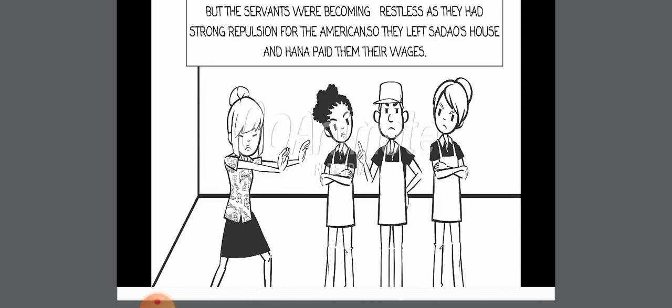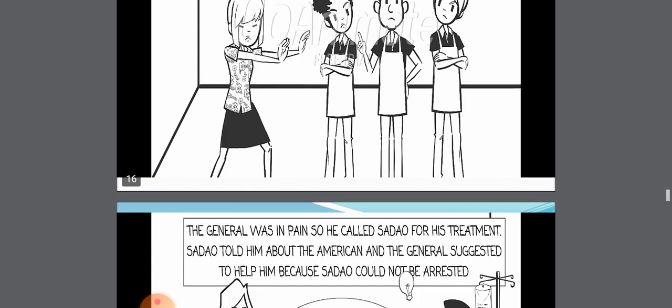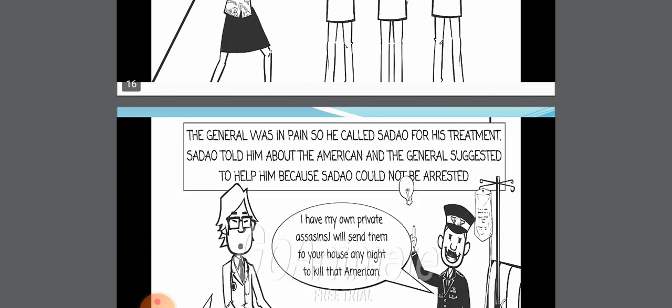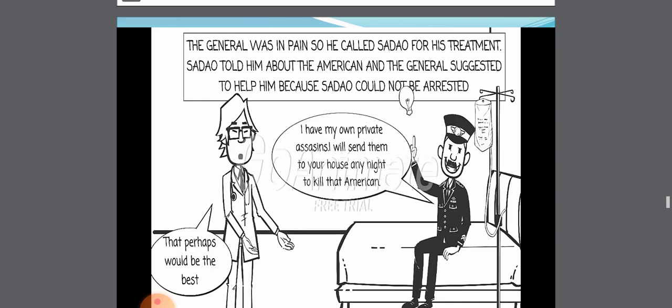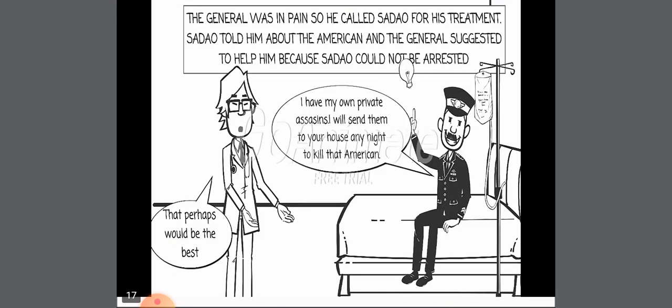Why? Because they were conscious, they were educated, and they were conscious about their duties. Although they were citizens of Japan, ultimately they were Japanese, but still they had some duty towards humanity.